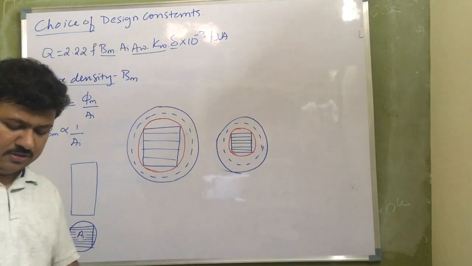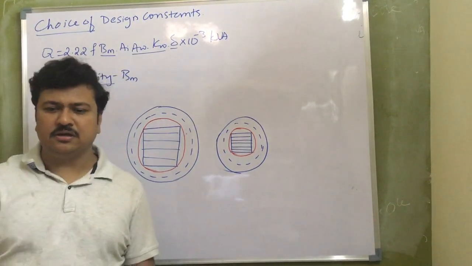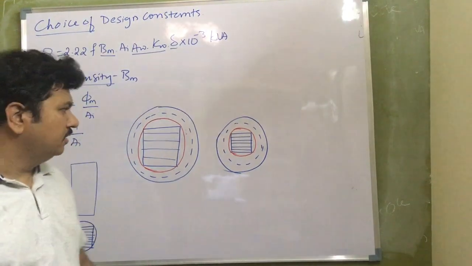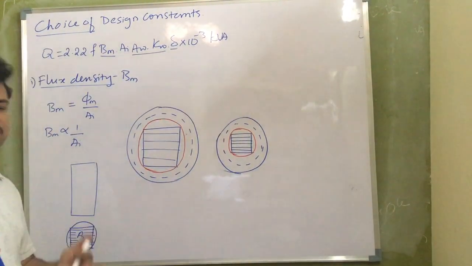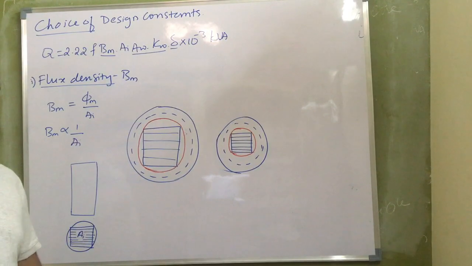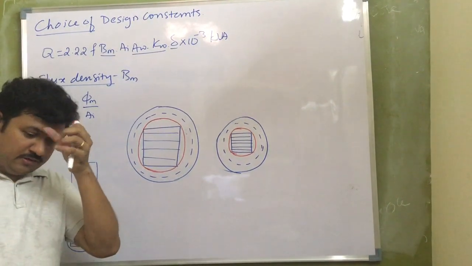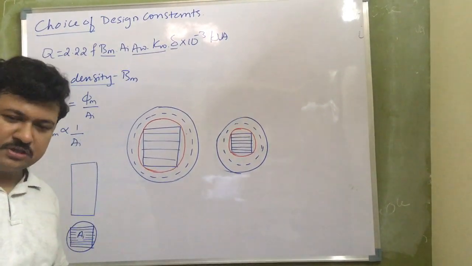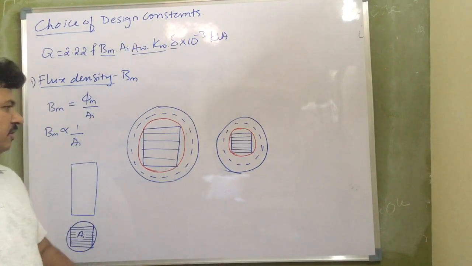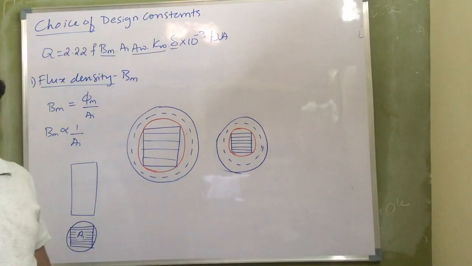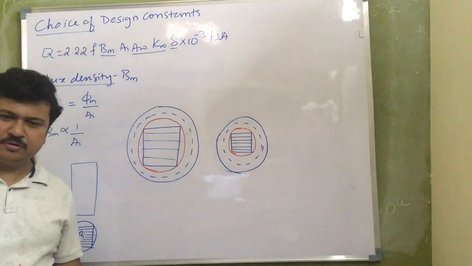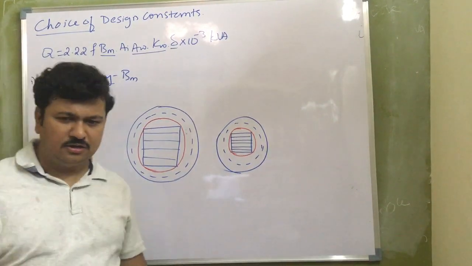It means that the length of each turn decreases, which is a large saving in the copper. So for the same amount of output, the same voltage, the same value of current, I am saving the length of copper. I am not changing the area of copper because it depends upon current density and current.